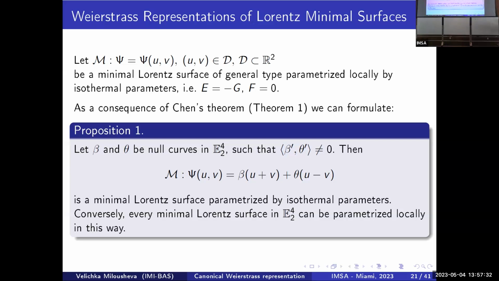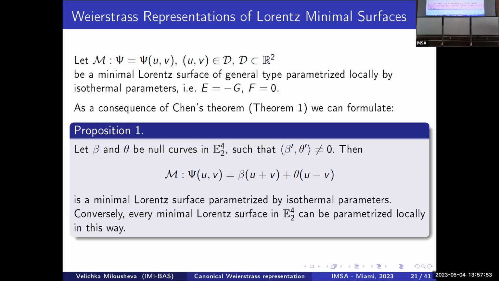Yes, it's an interesting question, but we haven't studied it yet. The problem of minimizing the number of invariants describing the submanifold, we haven't studied. So now about the Weierstrass representation.